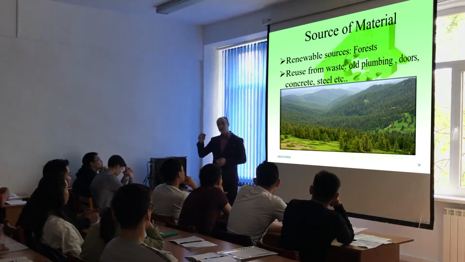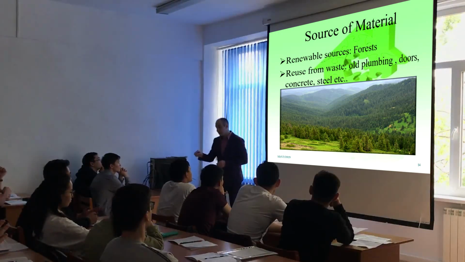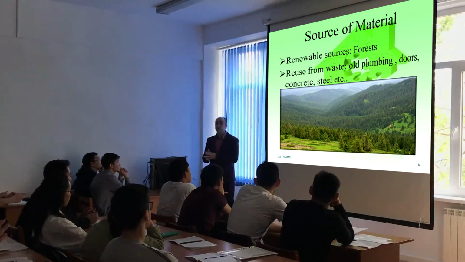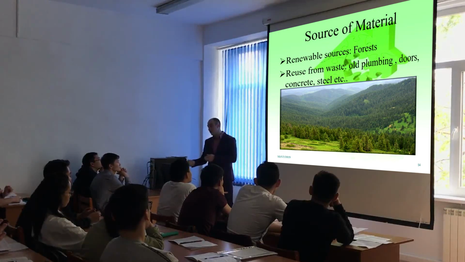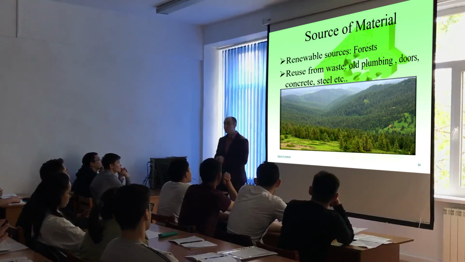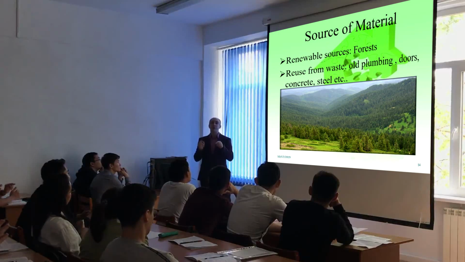So first of all, we need to understand that there are renewable resources like forests, yes, and we need to use some materials which can be reused, like old plumbing, doors, old windows, glazing materials, concrete and steel during your design. It's all in your hand.